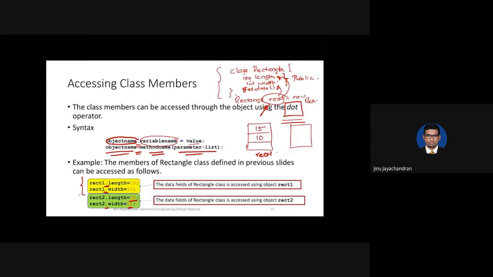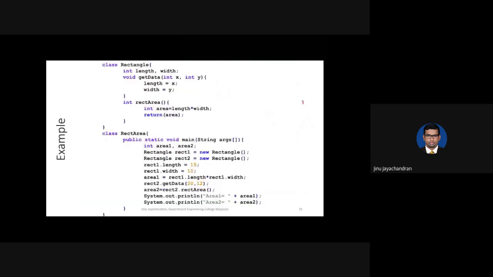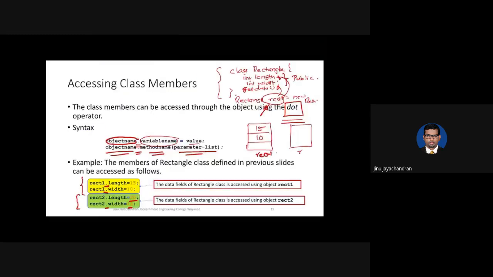When I do rect2.length = 20 and rect2.width = 12, in the rect2 memory location the value of length will be 20 and the value of width will be 12. Okay, and these two are totally independent memory locations. So that concept is very, very important.